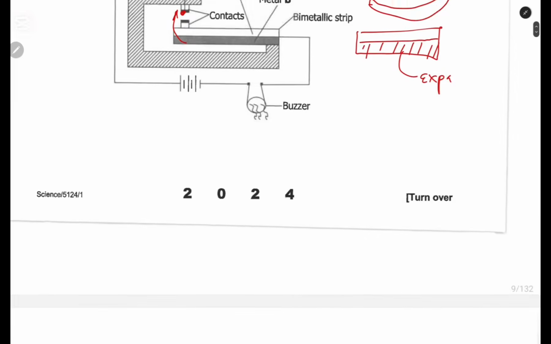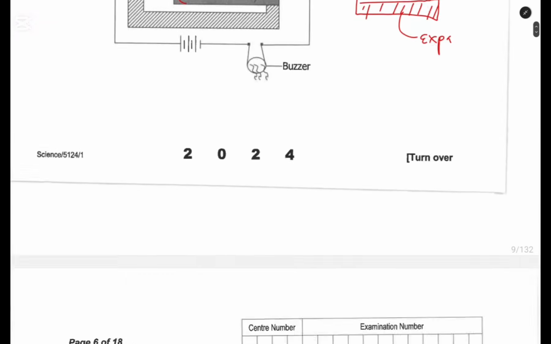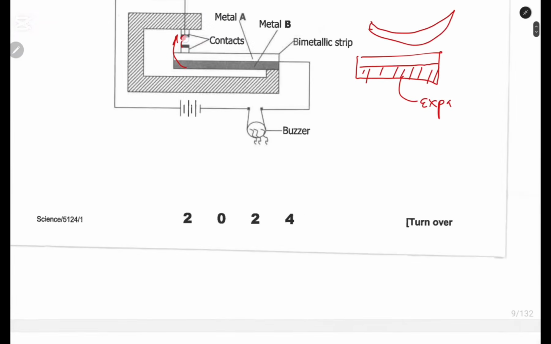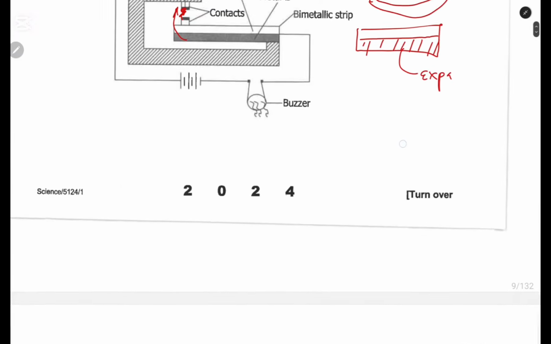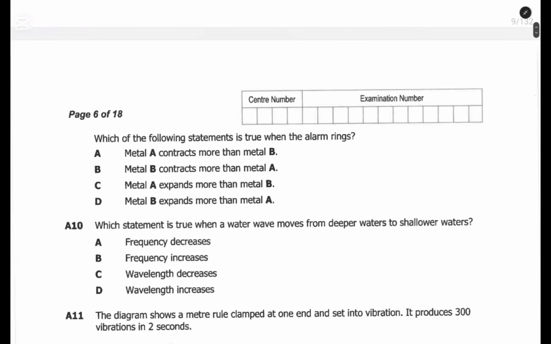Now, what is the question? Which of the following statements is true when the alarm rings? When the alarm rings, there is a complete circuit here, which means it touches there, and that can only be when the metal outside expands. Metal A contracts more than metal B, let us reserve this one.